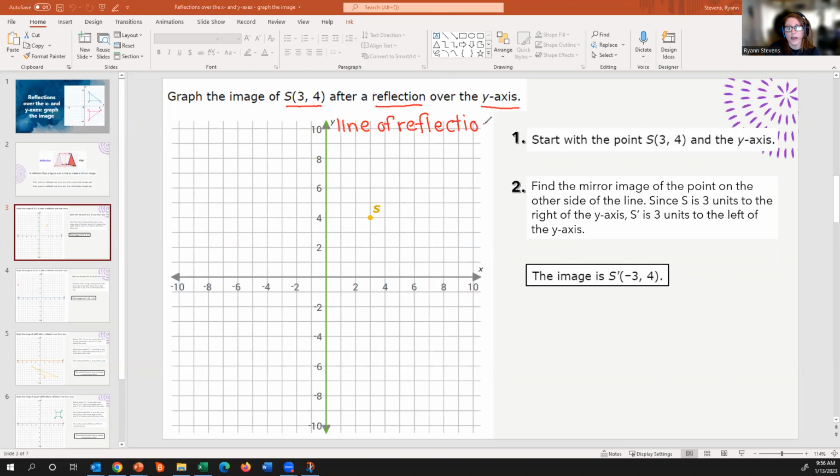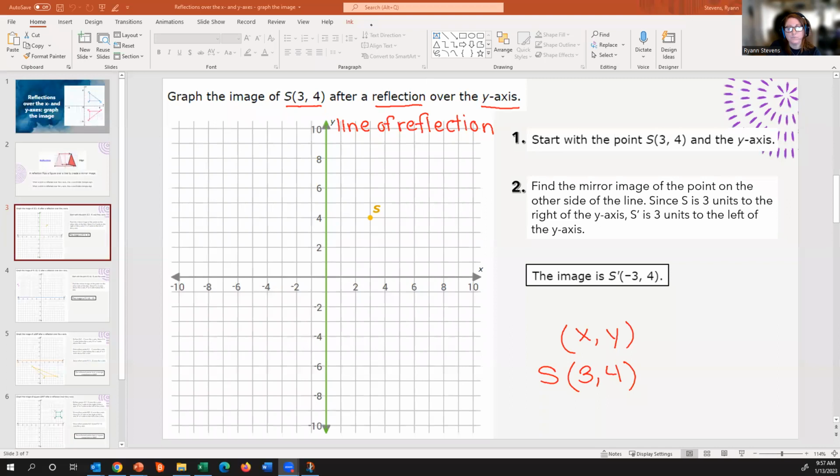And then we also have to remember that anytime we have an ordered pair, it is written as X and then Y. So this ordered pair of S is written as 3 and then 4. We're going over 3 places and then we're going up 4, and that's where we get this point of S. Now, when we talk about a reflection, we have our point, then we have our line of reflection.